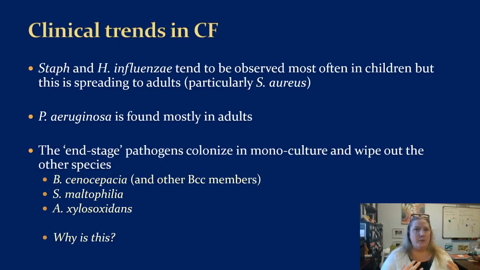So for the most part, people with CF, with all this mucus, they have lots of things growing in there, right? But when these end-stage ones come in, they take over the entire community and kill everything else. And then they kill the patient, which is not a good thing. But it presents a really interesting question of how do they do that? How do they come in and wipe everything else out?